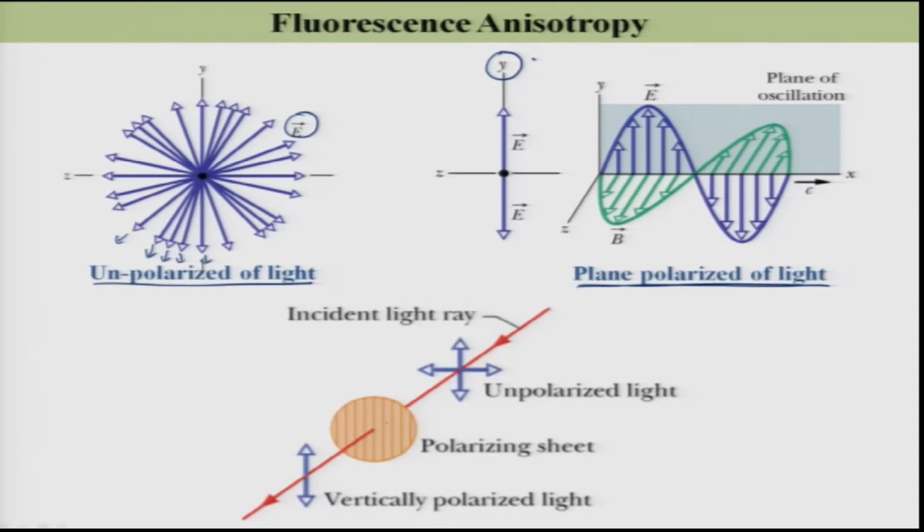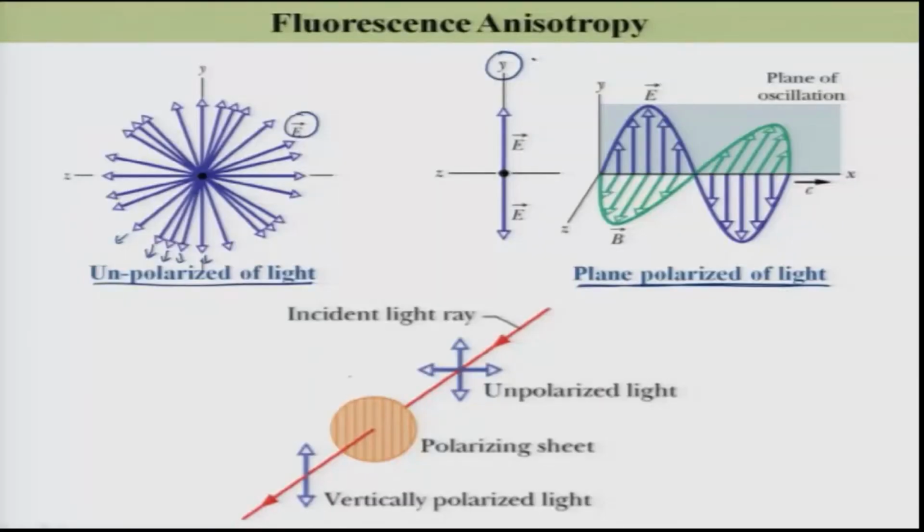It is possible to convert unpolarized light to plane polarized light by using an optical device called a polarizer. A polarizer is an optical element.